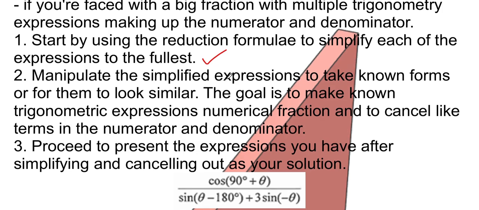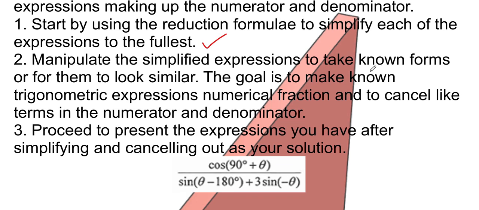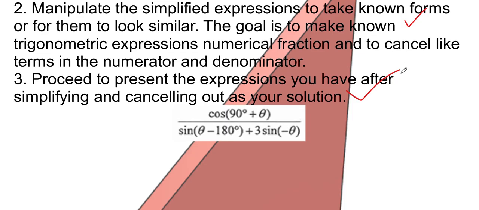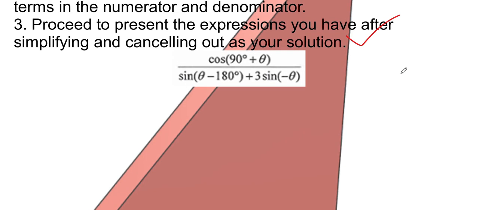Try to make sure that the expressions look the same and have the same kind of angles. Simplify them to have acute angles as much as you can, and then cancel out what can be cancelled out.